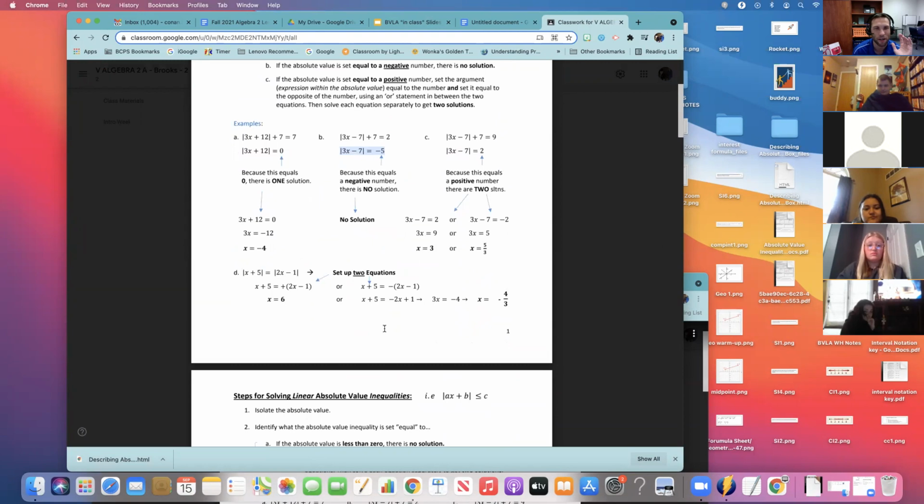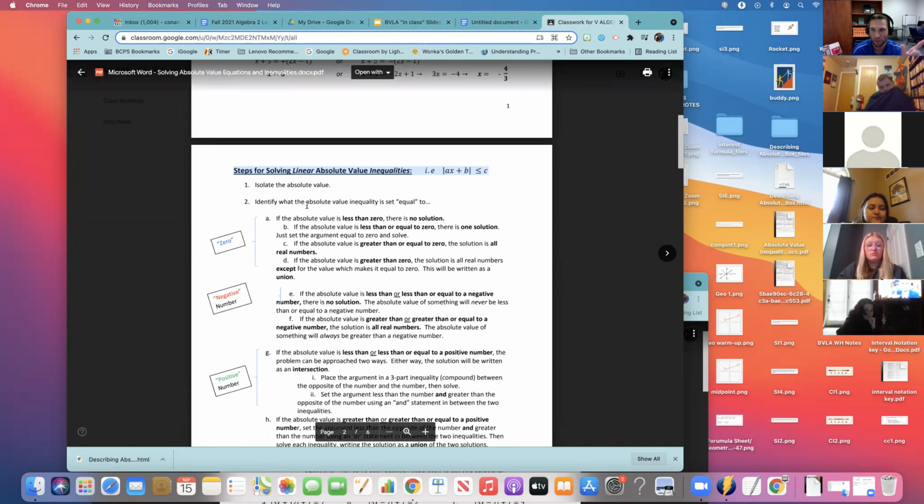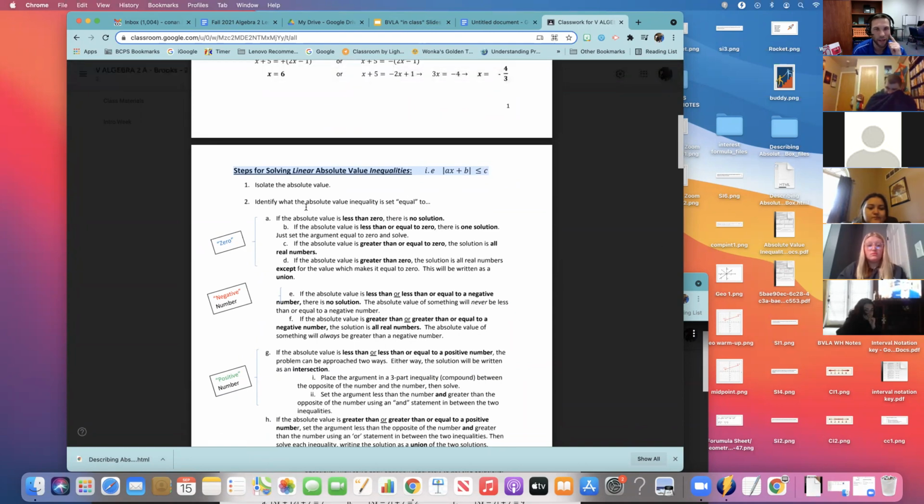Okay. For absolute value inequalities, so now we have an alligator mouth. We have a greater than or equal to or less than or equal to or something like that. You are going to clear out everything. You isolate the absolute value. So same thing, plus or minus and then divide. And then you're going to look to see what it is.